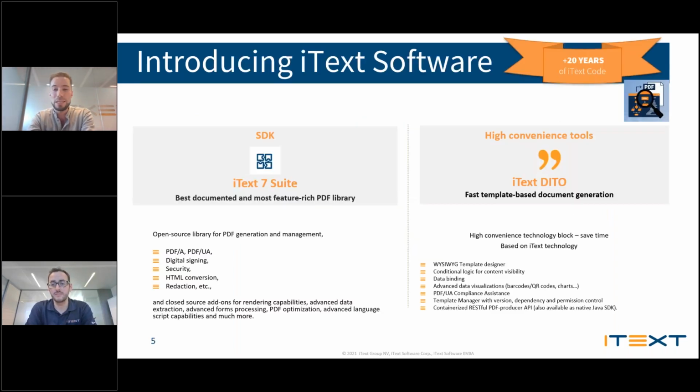Before we get to the main theme of today, let me introduce iText to you. So iText is best known for its leading open source PDF library, which has been around for over 20 years. It offers all the core functionality one would expect to manipulate and create PDF programmatically. That includes creating PDF-A and PDF-UA compliant documents, digital signing, advanced security and encryption, HTML conversion, and so on.